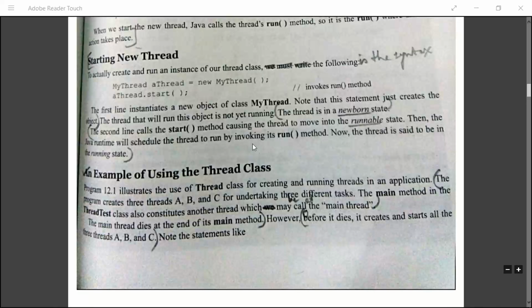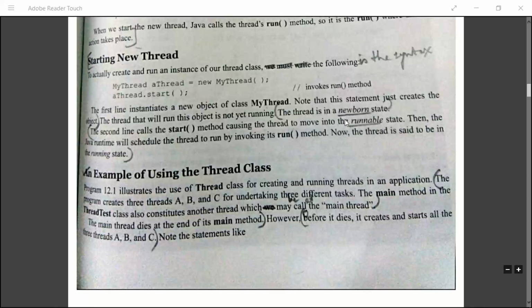So once you implement the thread and you start it using the start method, Java runtime will come into picture to invoke the run method. So here the run method is not invoked in these two states.